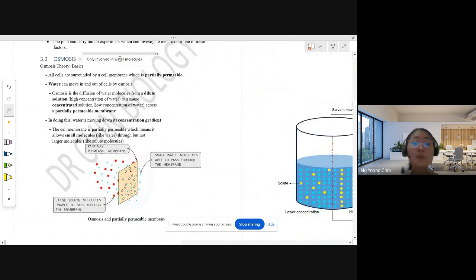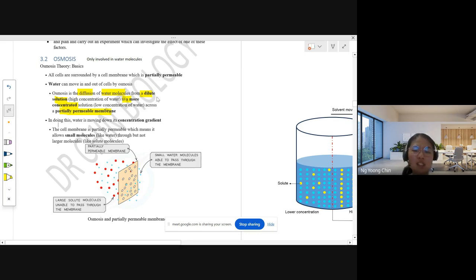The definition of osmosis is the diffusion of water molecules from dilute solutions to more concentrated solutions across a semi-permeable membrane.